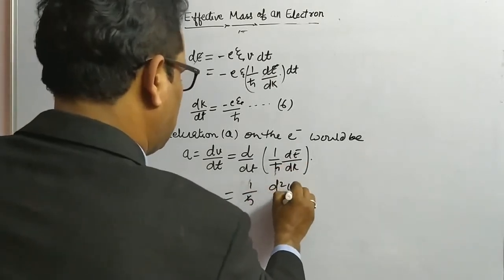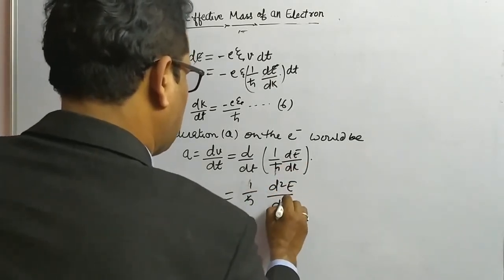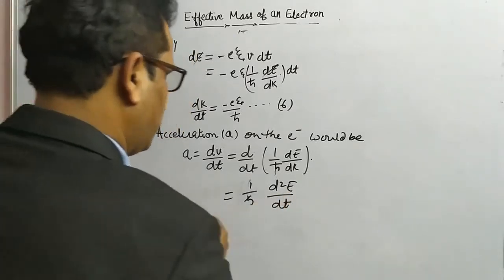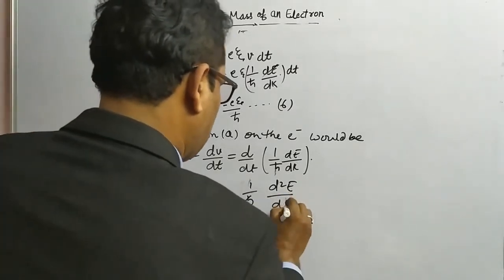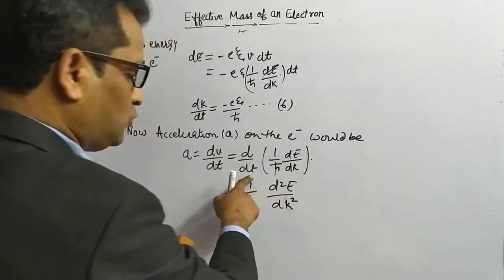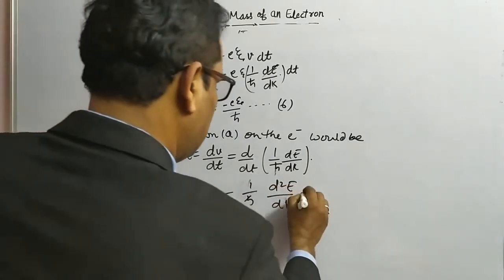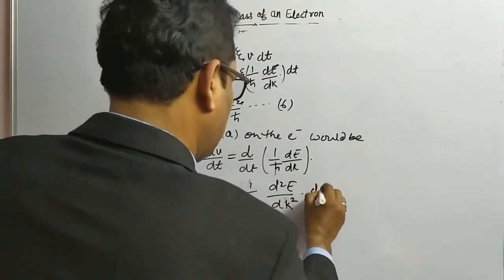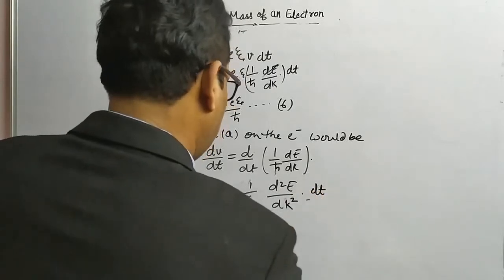I'll differentiate it twice with respect to k, but I was supposed to differentiate with respect to t, so that is why I'll multiply it by dk upon dt.